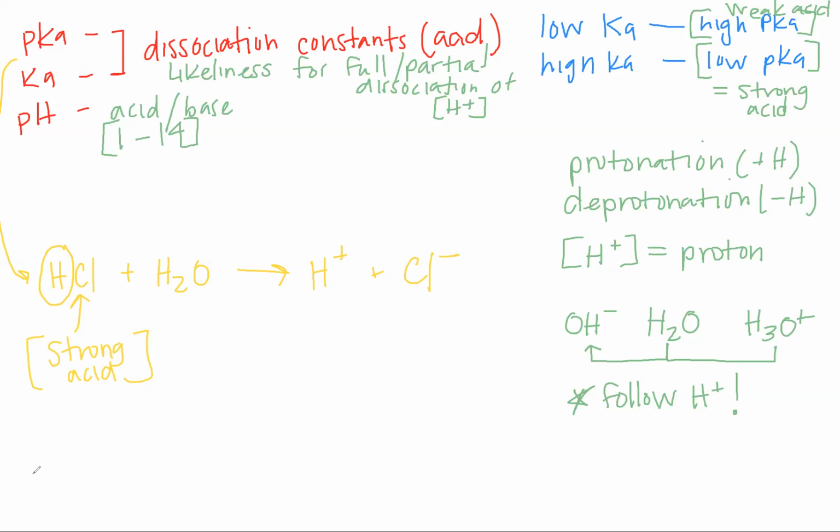Something that doesn't fully dissociate would be something that looks like this, okay? Even though we have this H in the front, this right here is very happy together. We would call this a partial dissociation because yes, we can remove the H plus from it, but the rest of this molecule, this C2H3O2 thing, is going to stay together.